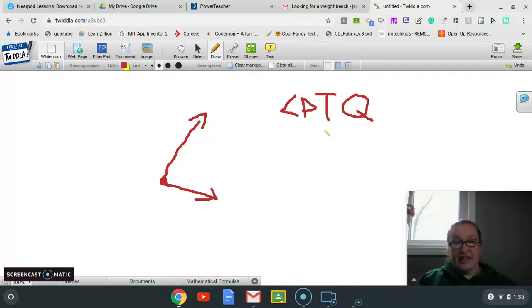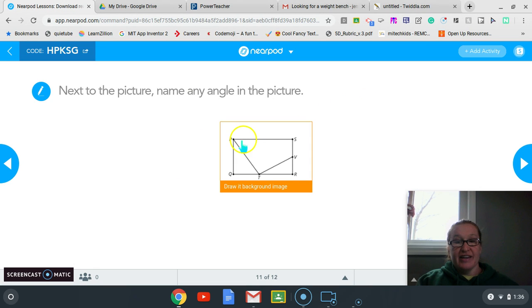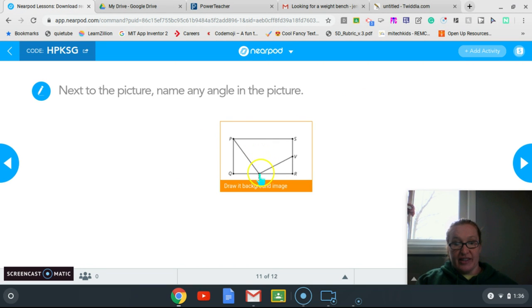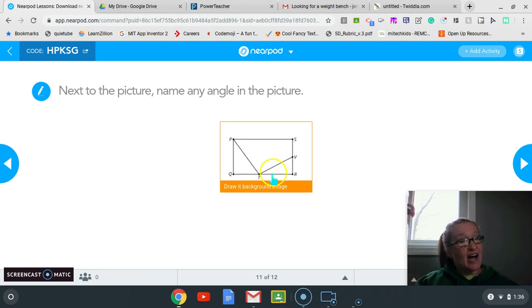That's how you'd write it. The T right there, that T, that is your vertex. Let's check, is that right? Yes, our T was our vertex right there, right? So that is how you name an angle.